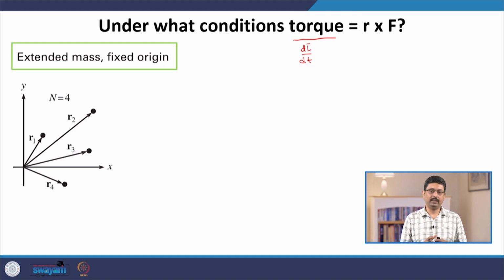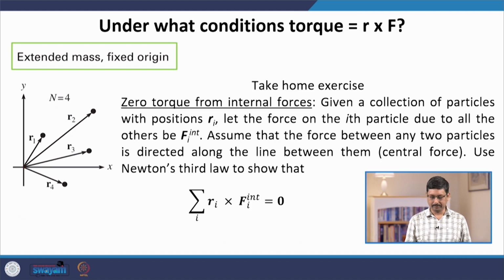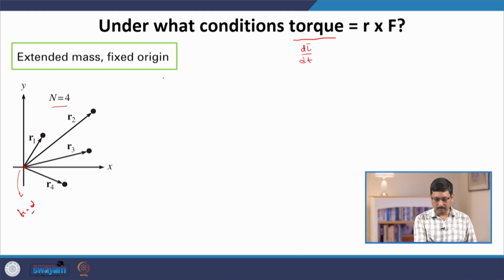The first case that we consider will be where our origin is again fixed. Like before, this is our origin and this origin is fixed, and there are point masses, and for concreteness we have 4 point masses. In this case we have to calculate dL/dt.